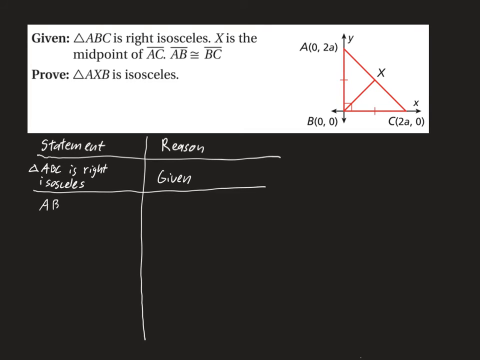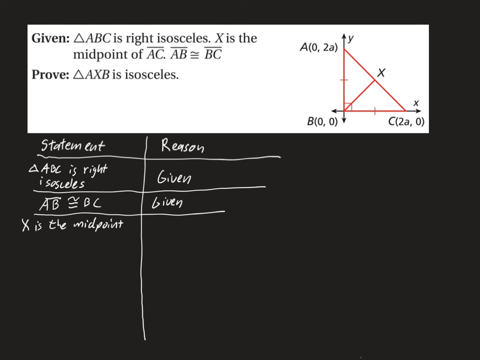The next one is that AB is congruent to AC. The last one is that X is the midpoint of AC.